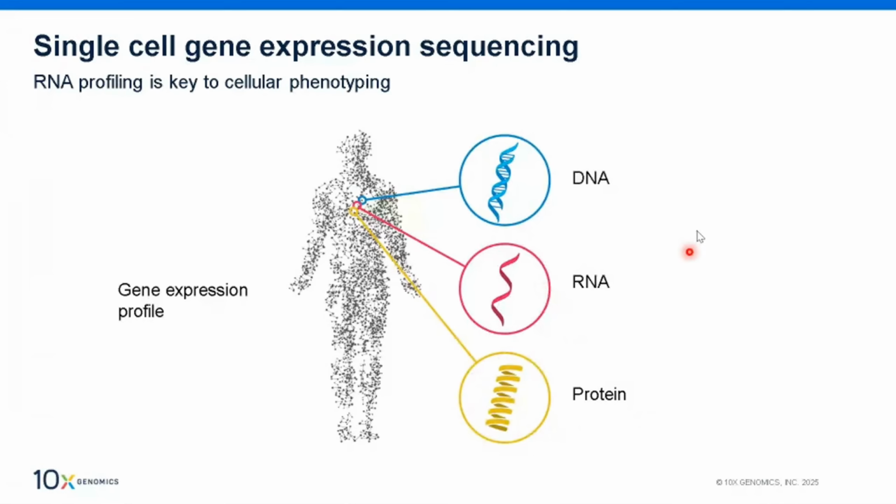Why am I going through the central dogma again? Using human as an example, our body has billions of cells, and all these billions of cells have the same genetic material. The coding information is the same.